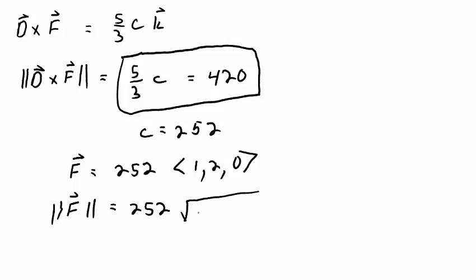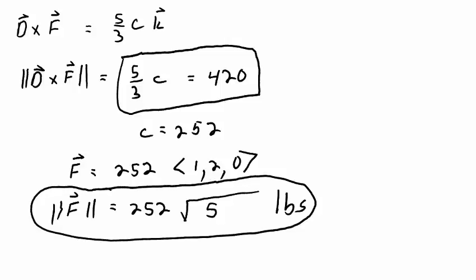And of course that's going to be 252 times the square root of 1 squared plus 2 squared, which is 5. So 252 root 5 is the magnitude of the force, and that's in pounds, so that's important to write down the units. There you go.